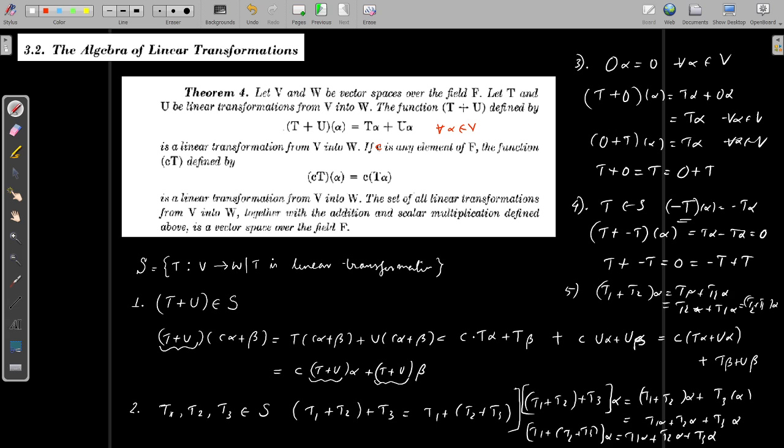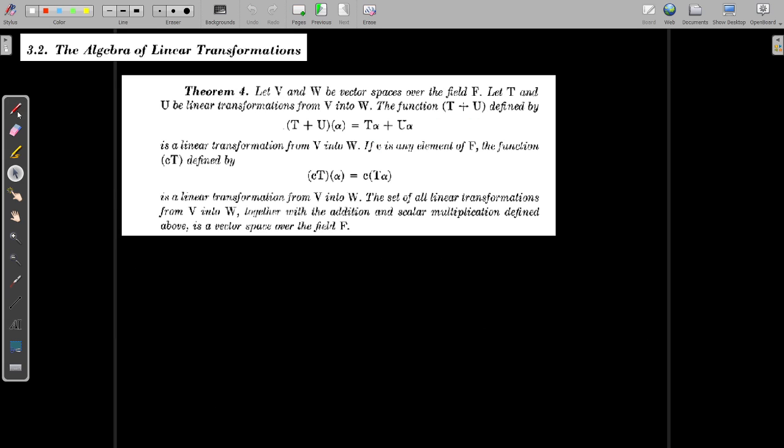Now we have 5 more axioms to prove, the axioms corresponding to the scalar multiplication. So the scalar multiplication is defined as cT of alpha is equal to c times T alpha.